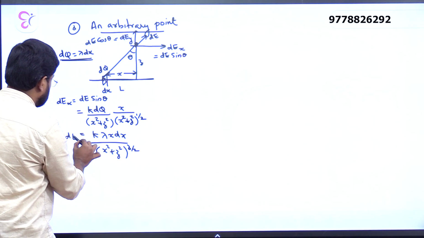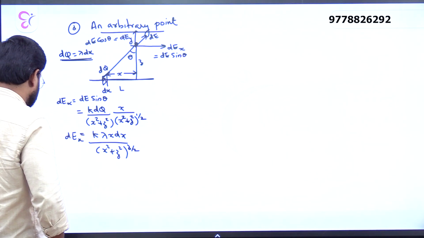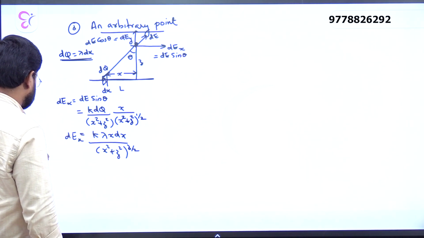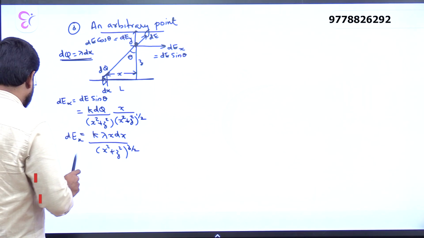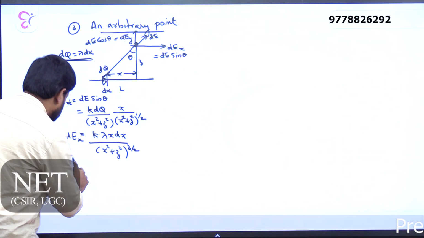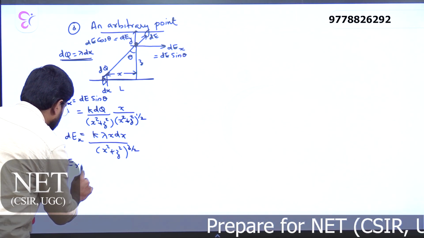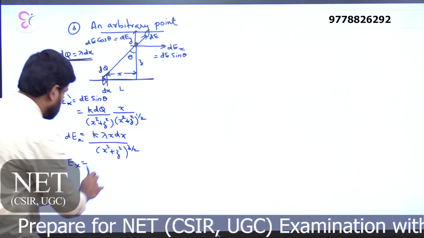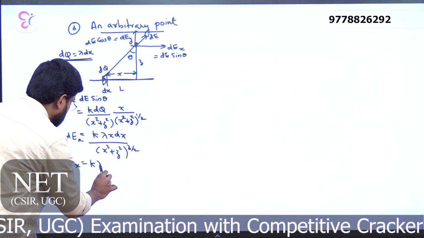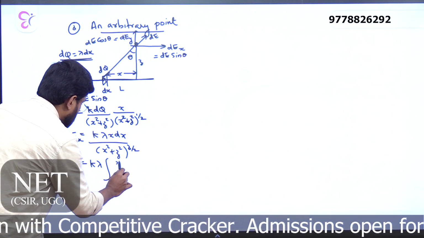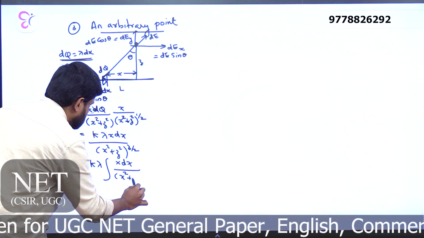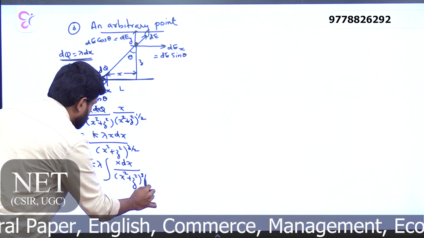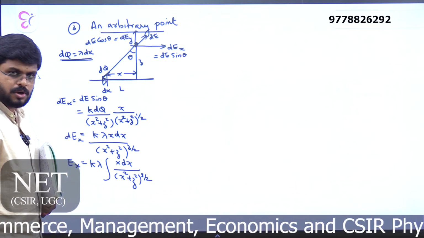I can also substitute for dq: dq is equal to lambda dx. We have already discussed that. So dEx is equal to k lambda x dx divided by x square plus z square whole power 3 by 2. And Ex is equal to the integral of dEx. Taking out the constants, k lambda into integral x dx divided by x square plus z square whole power 3 by 2, is it not?